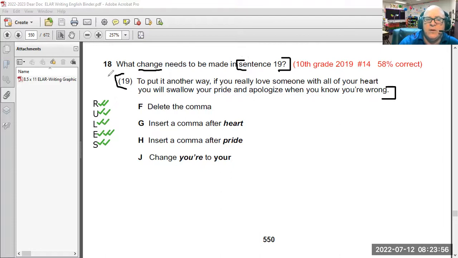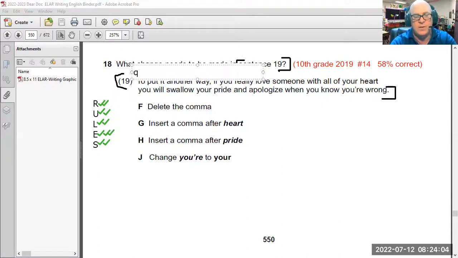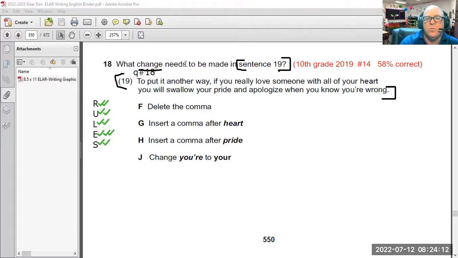You'll just remind yourself that this is for question number 18, about sentence number 19. So once you see change, the other thing that you'll label over here is the cups.